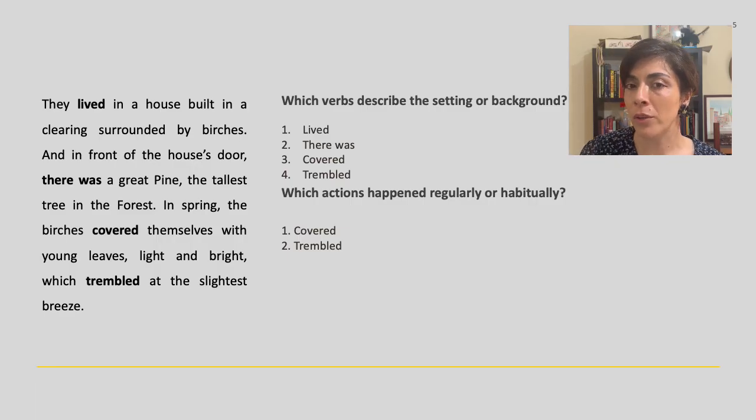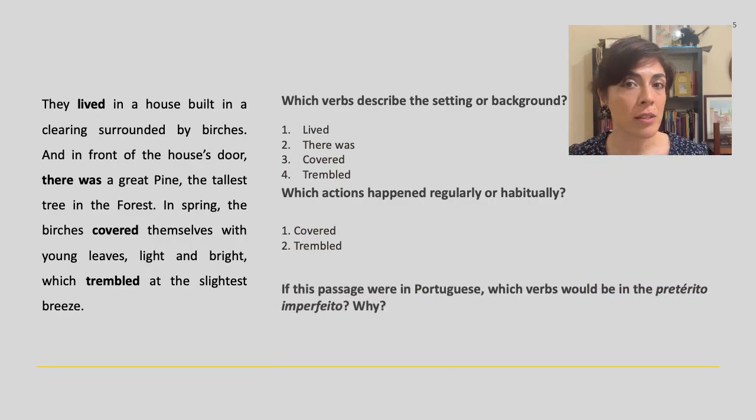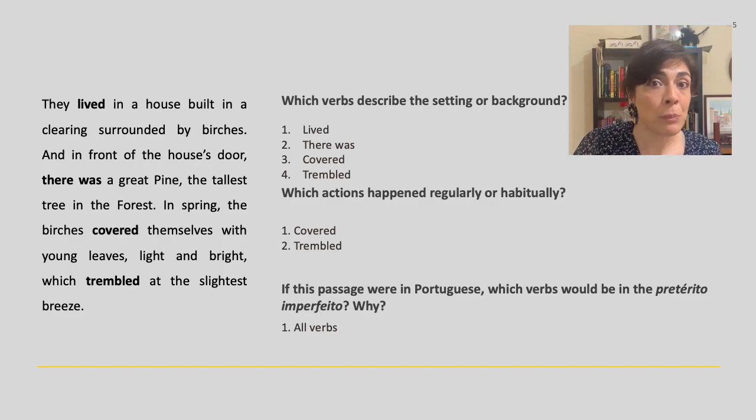Another question. If this passage were in Portuguese, which verbs would be in the pretérito imperfeito and why? Again, pause and I'll wait for your answer. If your answer was all of the verbs, that would be correct. The imperfeito is used for repeated or habitual actions and also for descriptions of background or setting.